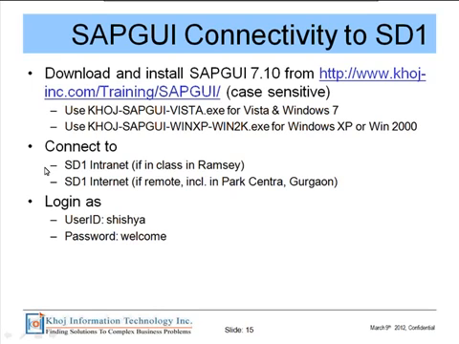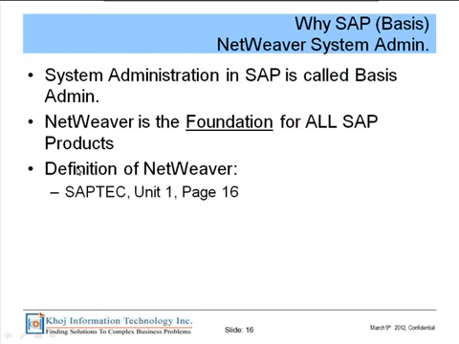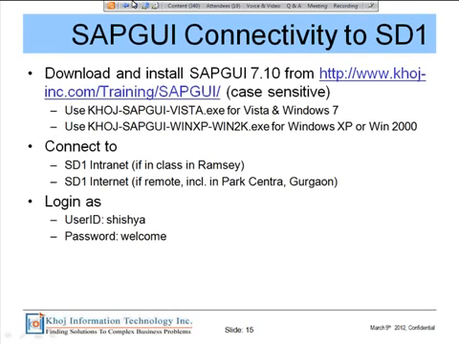The user ID to log into the SD-1 system is Shishya. Password is welcome. So I would like both of you to connect to SD-1 on SAP GUI, and I'll walk you through it. And people who are remote would connect through the SAP GUI as well, which they should have downloaded.